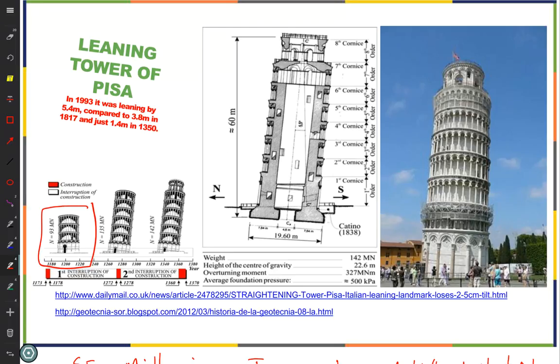Started vertical, and then they had a period where they did no construction for about 100 years, and it tipped quite a bit. And then they said, well, we should build more. And they went for another about 100 years, tipped some more. They built it taller because, hasn't fallen over yet. Why not build it taller? They have done a lot of work recently to buttress it, to give it a firmer foundation, and actually to tilt it back some. Because, of course, you don't want to fall over.